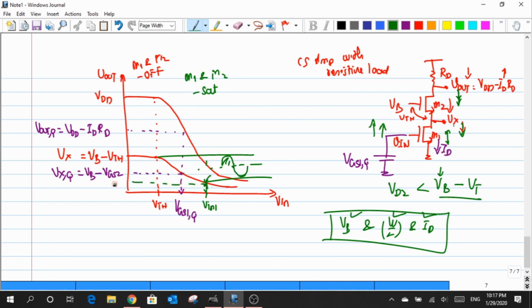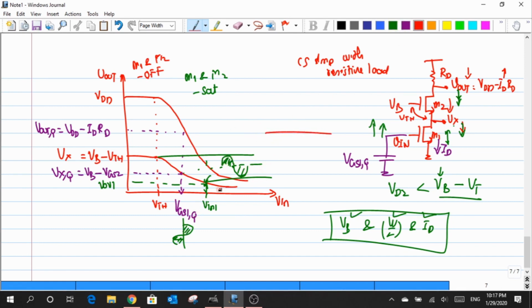This point is nothing but my VOV1, because it is the potential across the drain and source. This is what I have whenever there is a swing around my Q point at the input. This swing at the input creates a swing across my Vx, and it also creates a swing across Vout as well.